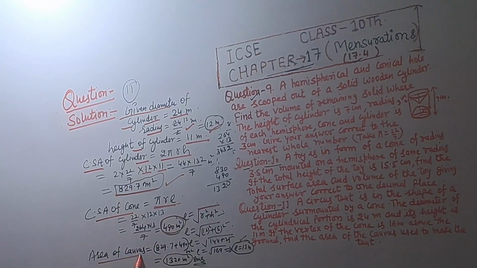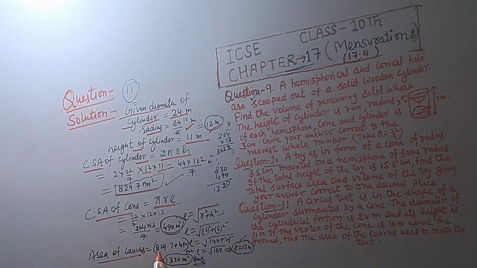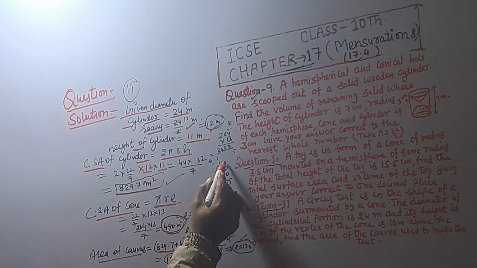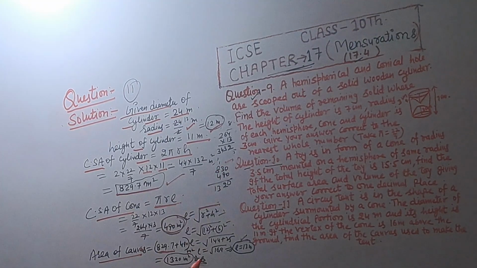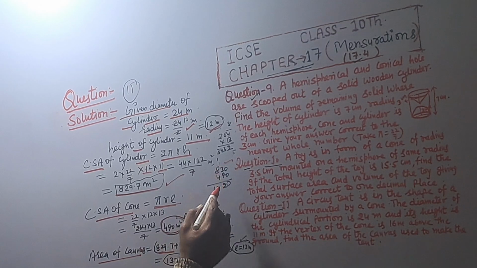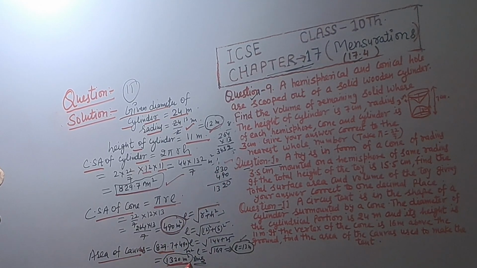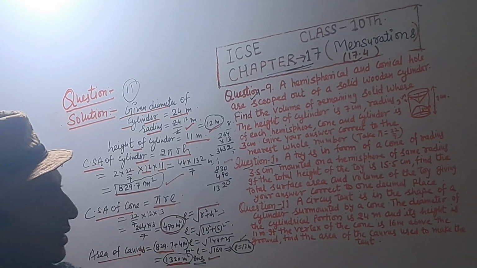So area of canvas is equal to curved surface area of cylinder plus curved surface area of cone, 829.7, that is approx 830, plus 490, and their sum is 1320 meter square. Answer. Thank you.